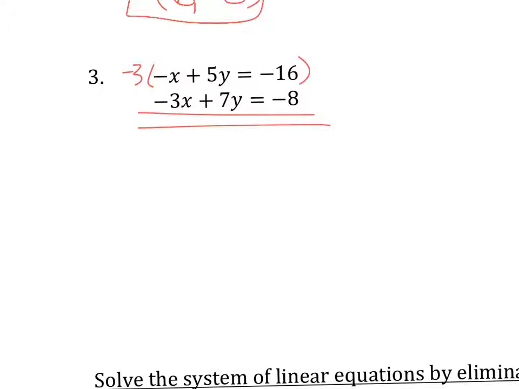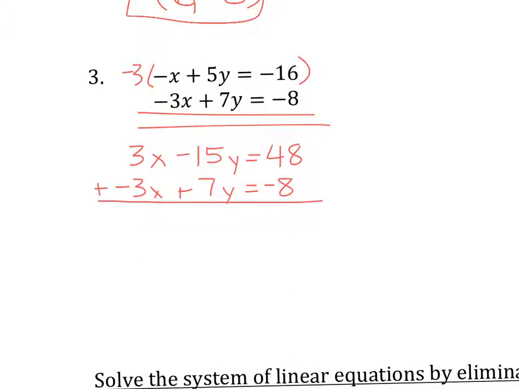Okay, so now rewriting, negative 3 times negative x is positive 3x. Negative 3 times 5y is minus 15y. And negative 3 times negative 16 is positive 48. Okay, second equation didn't change. So now I'm ready to add down.